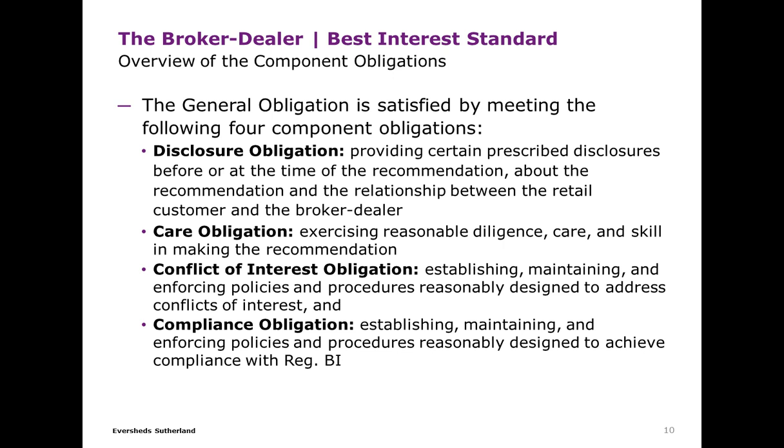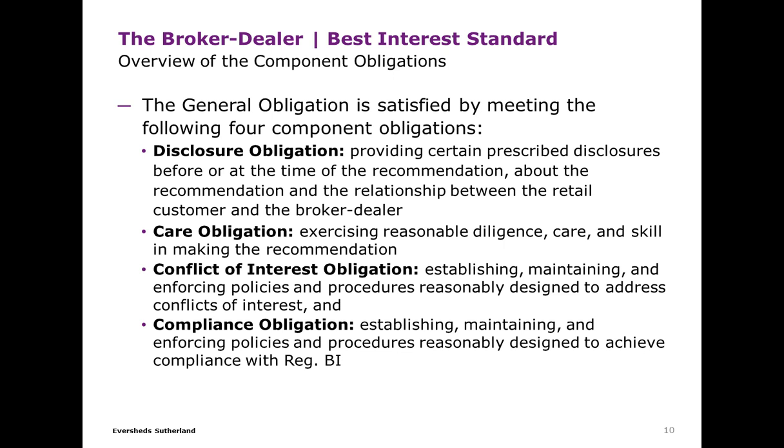Thanks, Ben. So as Ben mentioned, there are 4 components to Regulation Best Interest. The disclosure obligation, which provides prescribed disclosures before or at the time of the recommendation, about the recommendation and the relationship between the retail customer and the broker-dealer. There's the care obligation, which requires the broker-dealer to exercise reasonable diligence, care, and skill in making the recommendation.